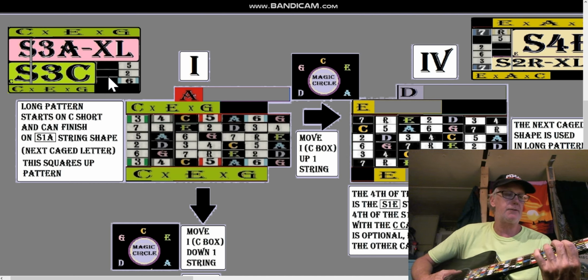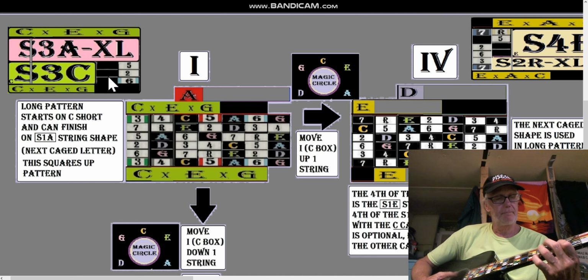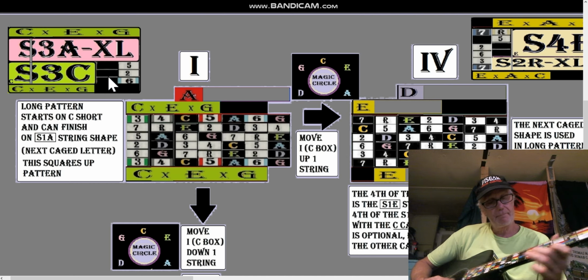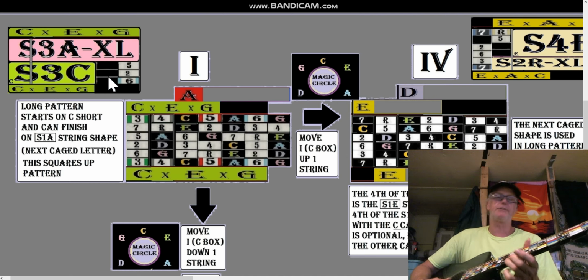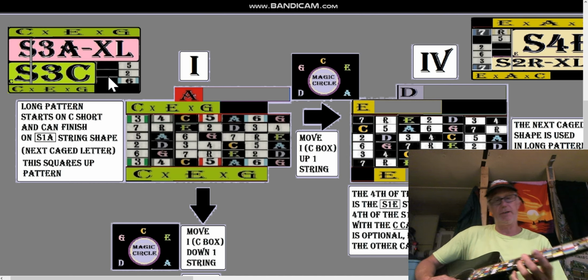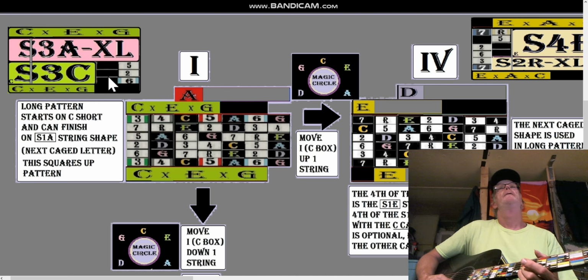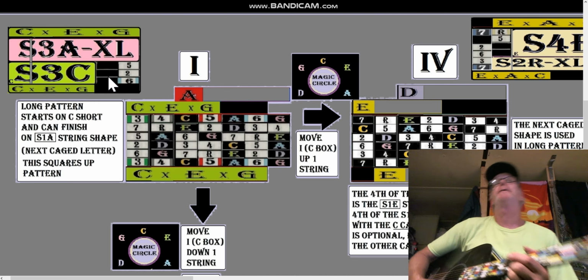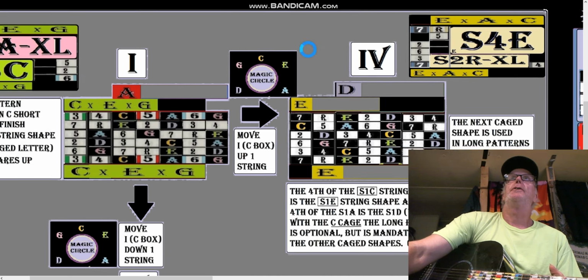It's the same as the short pattern and just adding a note. The long pattern gives you an extra note. So that's the pattern.